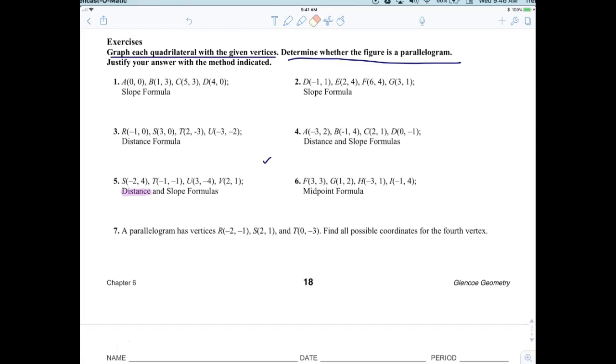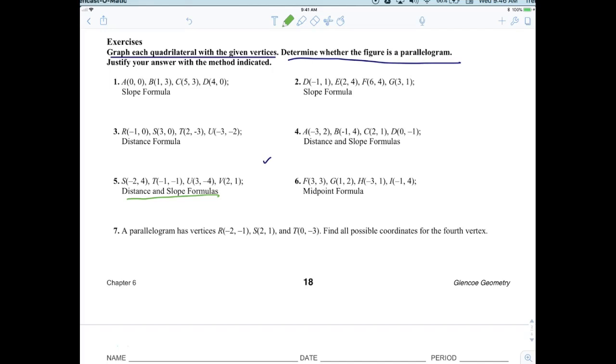If one pair of sides are equal and they have the same slope, it's a parallelogram. Can't you just do it by slope or distance, or do you need both? No, it just tells you. We just said if you want to prove one side is parallel, that is not enough to prove that the quadrilateral is a parallelogram.